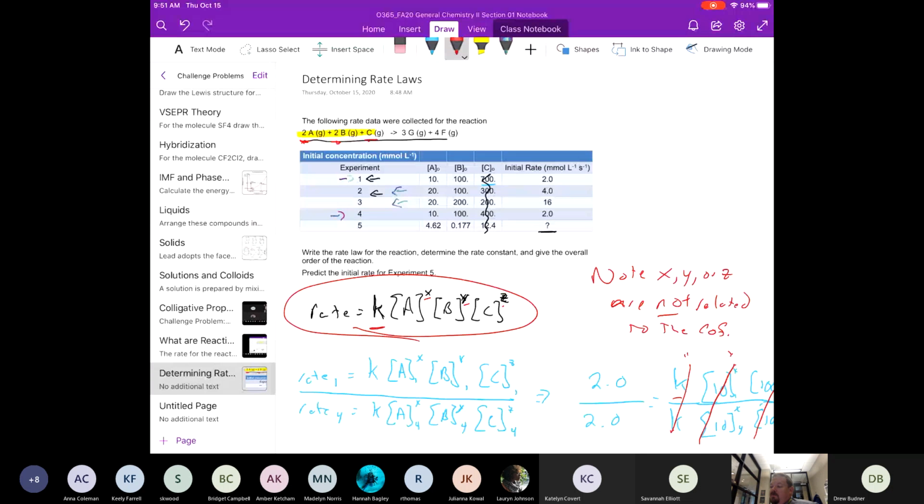But because all of these reactions don't necessarily occur in one step, A, B, and C do not all combine in order to get products in one step. We actually can find experimentally that these orders can be non-whole numbers. If they're close to a whole number, if we calculated it was like 1.9, we could round that to 2. But if we calculate it where it's like a 1.5, that would be fine.